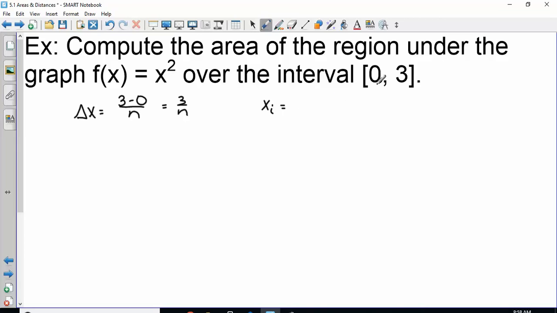We take our starting point, which in this case was 0, plus the change in x, which is how much you add each time. Then we need to add that 1, 2, 3, 4, 5 times, so we put the i with it. In this case, this just turns into 3 over n times i.